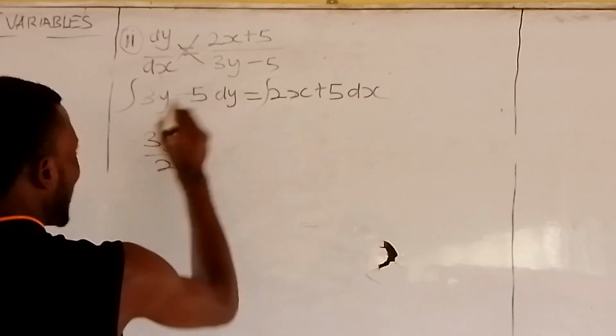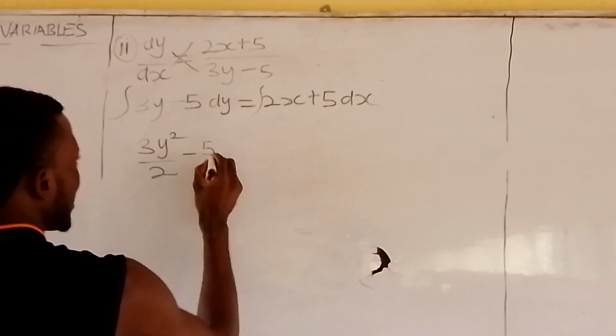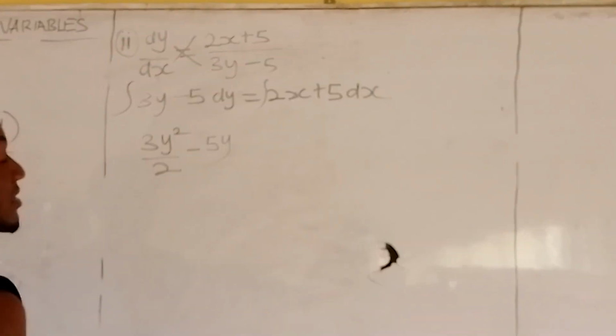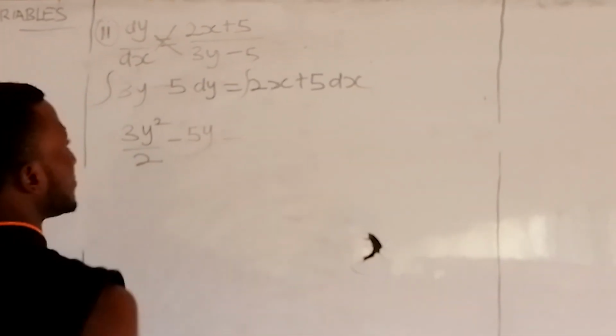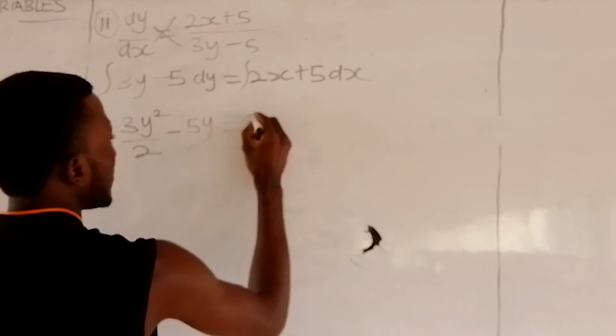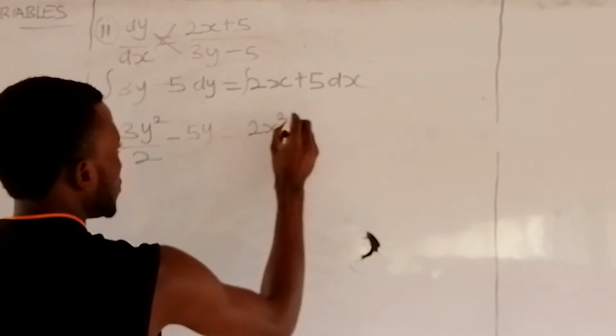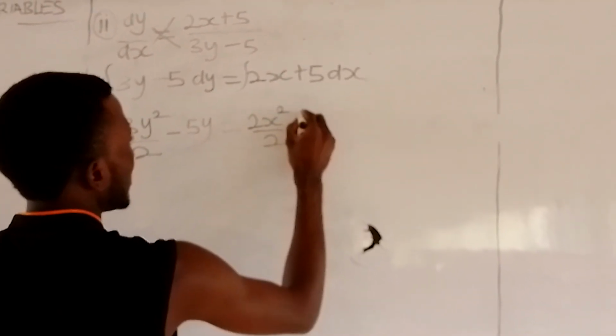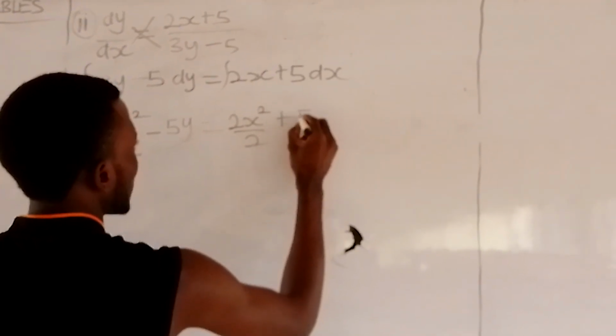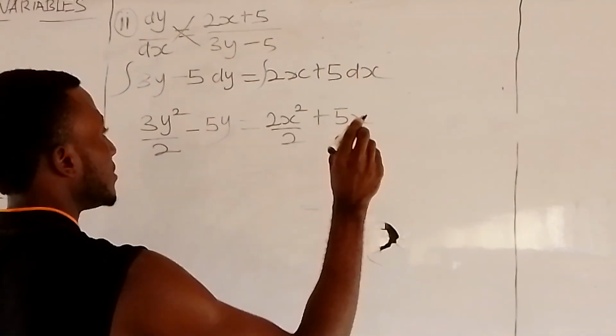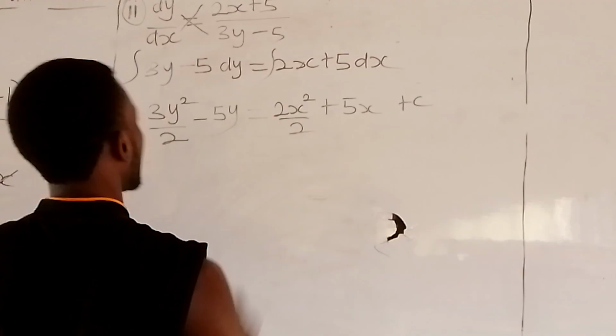Integration of 5 with respect to y gives 5y. This equals the integration of 2x, which gives 2x raised to the power of 2 divided by 2, then integration of 5 with respect to x gives 5x. Now you can add the constant of integration.